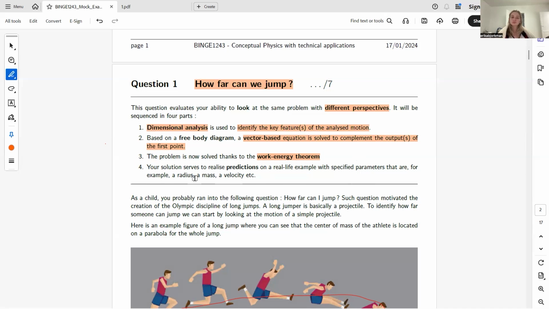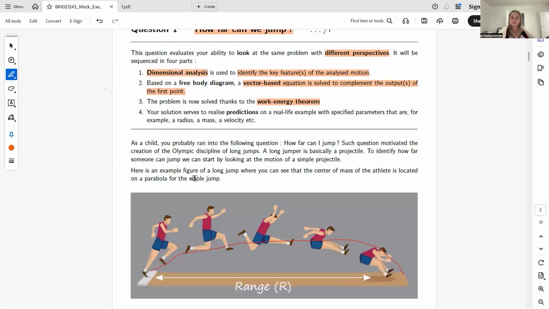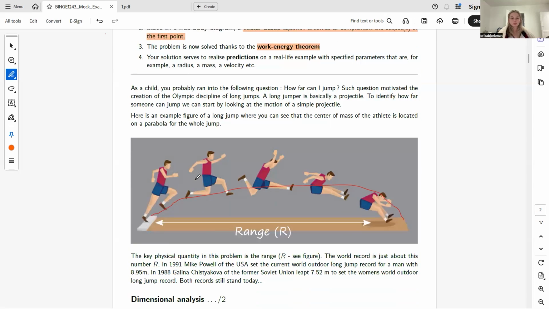Okay, these four parts are actually a little bit of a review of our actual question. They are just telling us which possible steps are there to solve this question: how far can we jump? So let us check. And here we have an example.